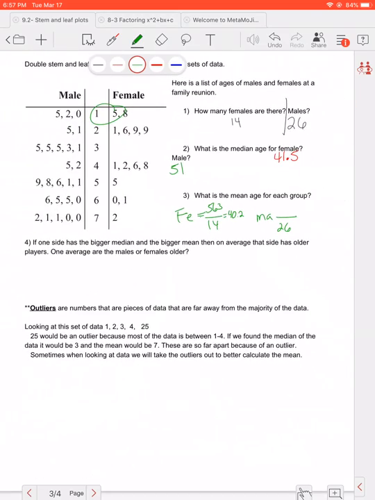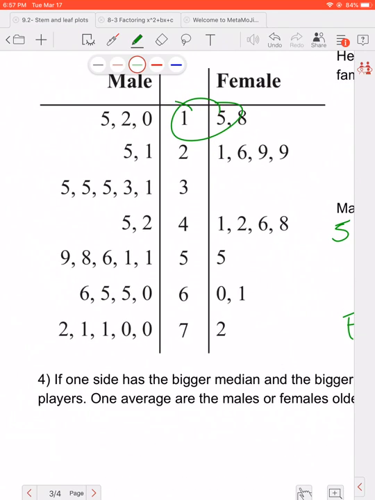Okay. So go ahead, why don't you pause, try the male while I do it here. Remember, this is 10.